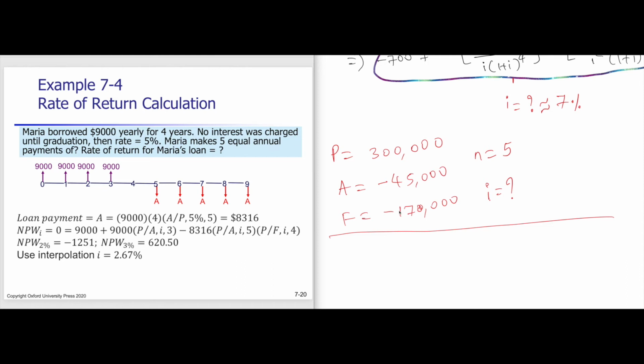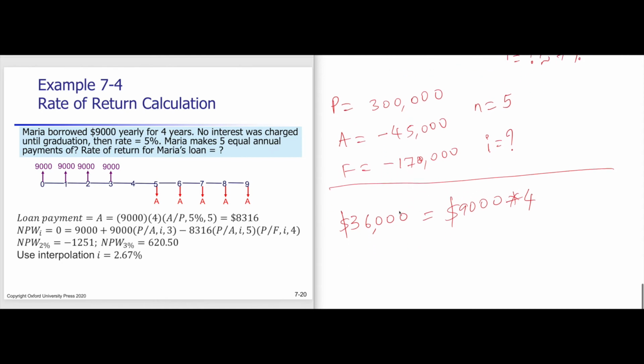We pretty much have to use the formula because Maria is borrowing $36,000, which is $9,000 every year times 4 years. This is the amount that she's borrowing. Now we have to calculate A. At the end of 4th year, the cash flow becomes this.